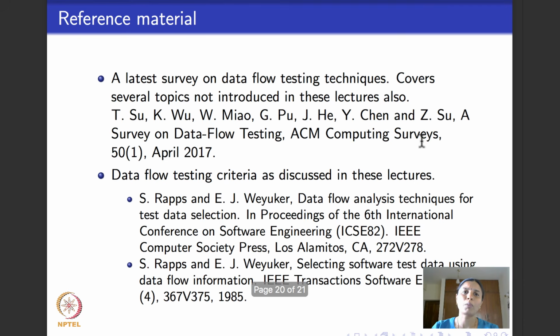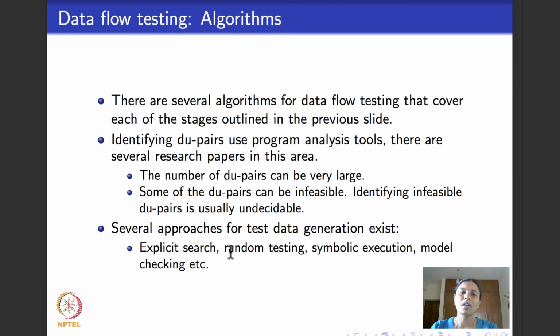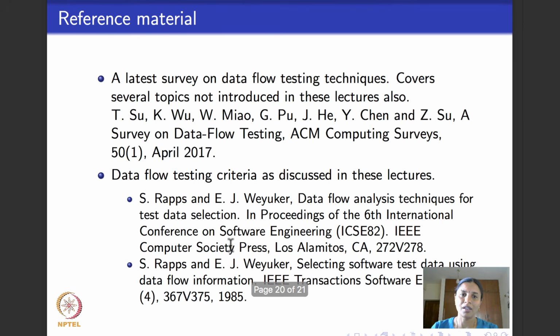But I would like to point out this good survey that has come out very recently, dated April 2017, available as one of the ACM Computing Surveys. It's an exhaustive survey on data flow testing techniques, and you will be able to find references to papers that use all these approaches for test data generation in this survey.